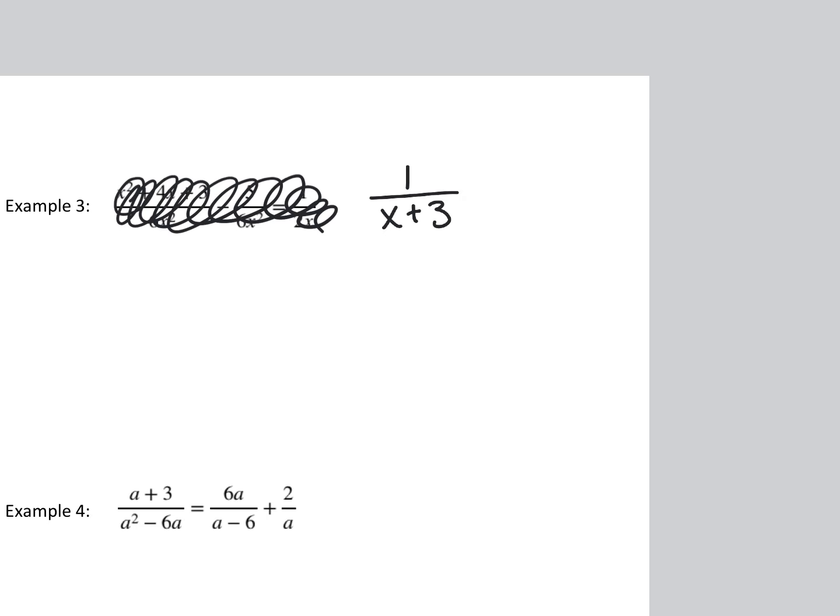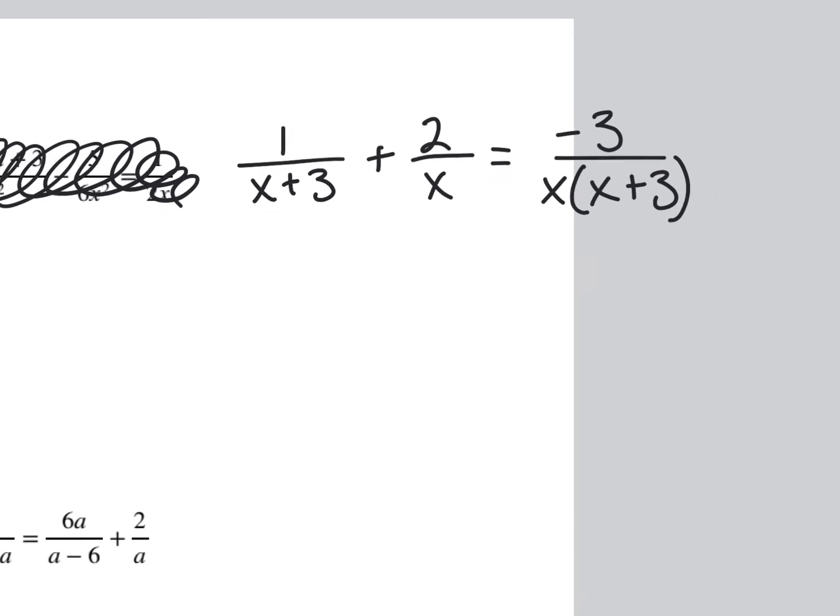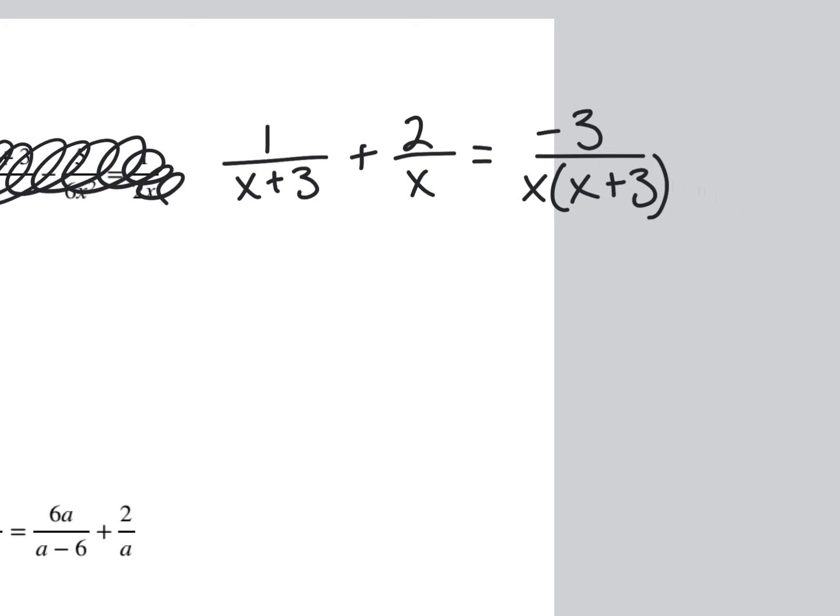You might want to put a star next to it. 1 over x plus 3 plus 2 over x equals negative 3 over x times x plus 3. Okay. Everybody got that down?